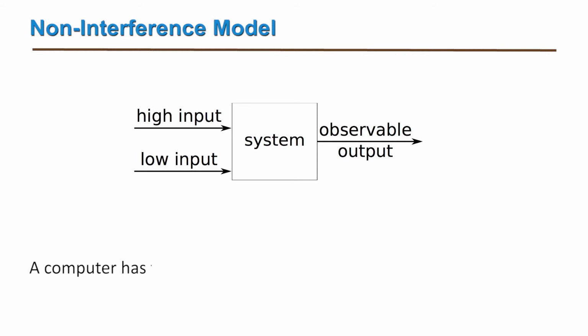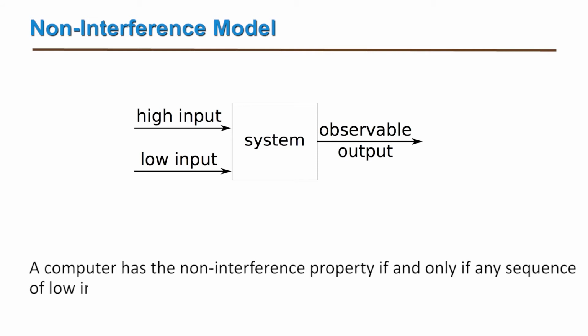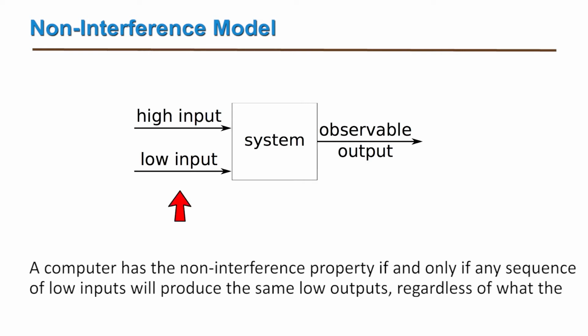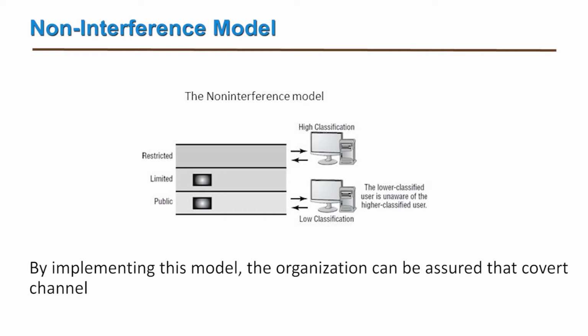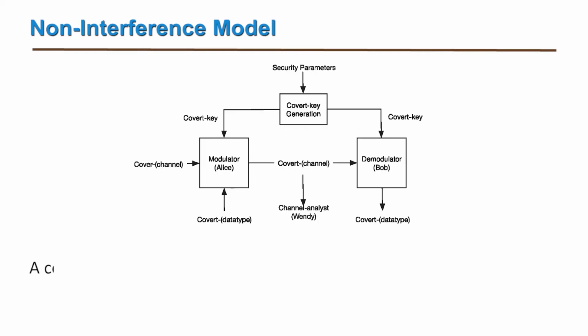A computer has a non-interference property if and only if any sequence of low inputs will produce the same low outputs regardless of what the high-level inputs are. By implementing this model, the organization can be assured that covert channel communication does not occur.